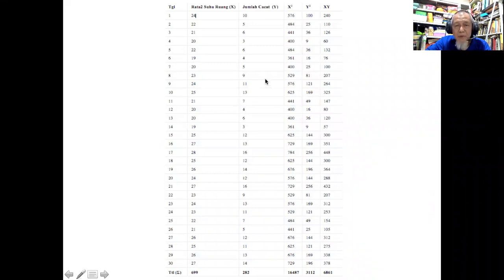Now we square every one of these: here is the square of the temperature, here is the square of the defective products, and here is the multiplication of the room temperature and the defective products. Okay, now let's see the sum of each. Finally we have the data that we can use in our formula.